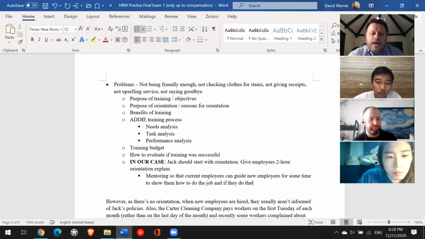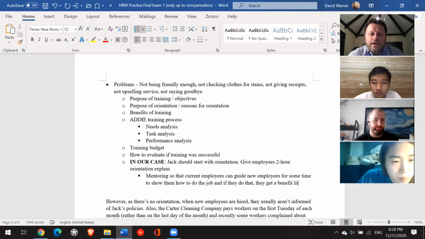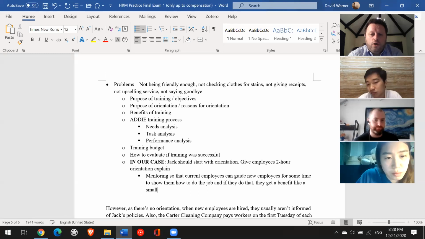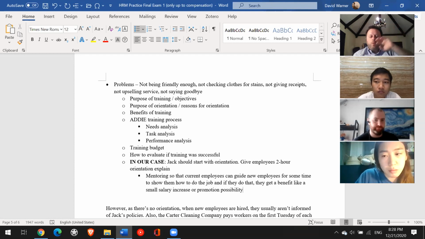And if they do that, they get a benefit like a small salary increase or promotion possibility. You tell me a little about what you mean by just saying mentoring.